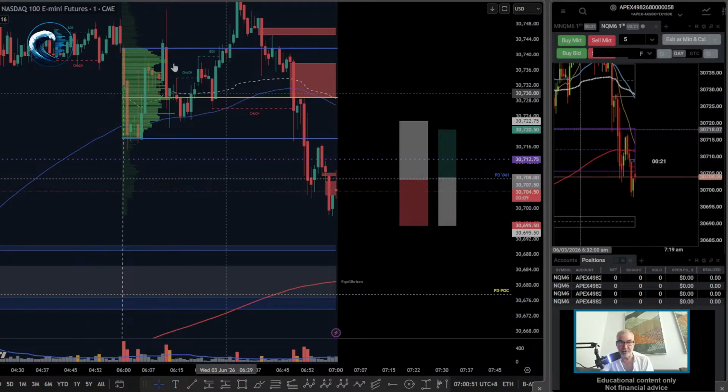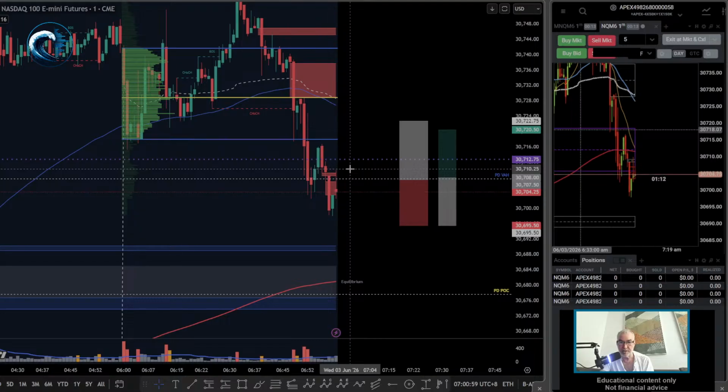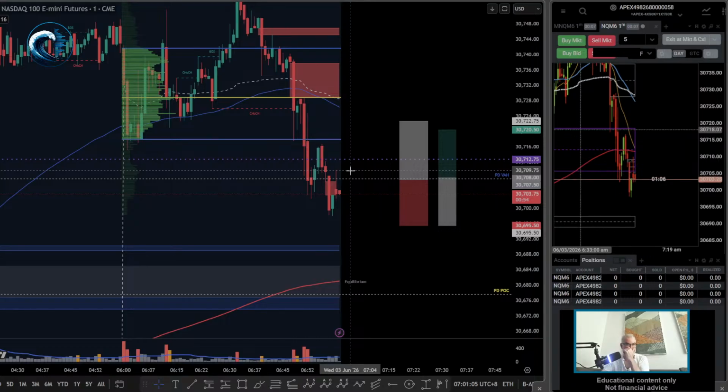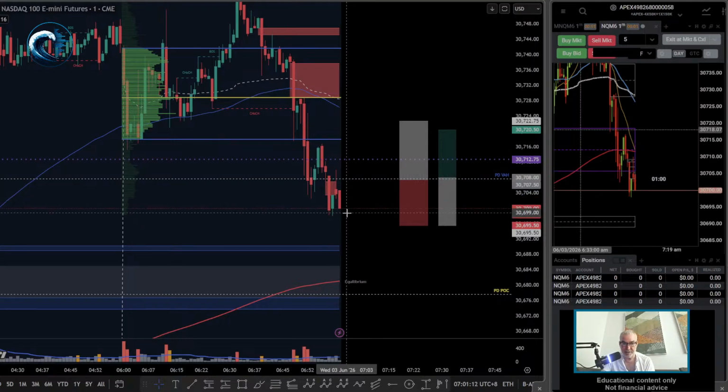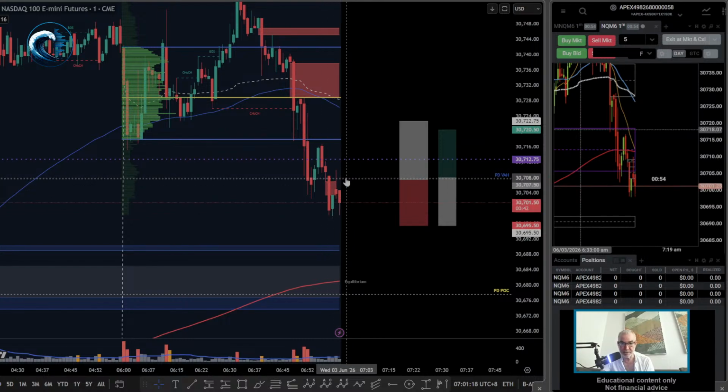I'm monitoring it on a 1 minute, but I'll watch the first five 1-minute candles to give me a bit more clue on the direction of the market. It's looking down. I don't know why I'm so hesitant. I probably should have got in here.